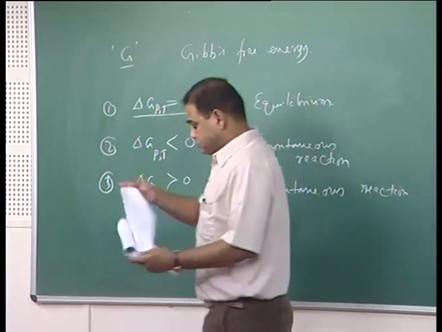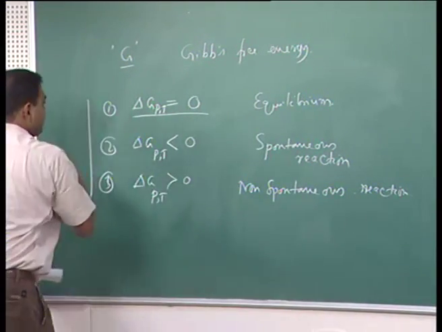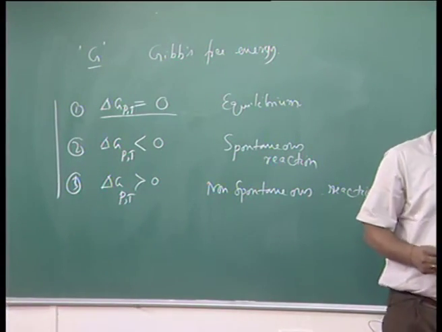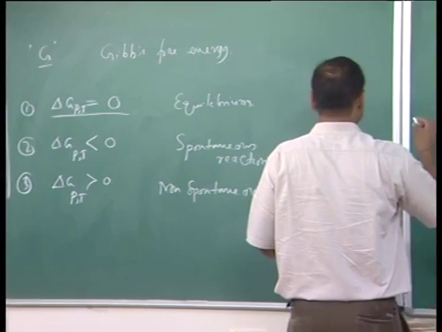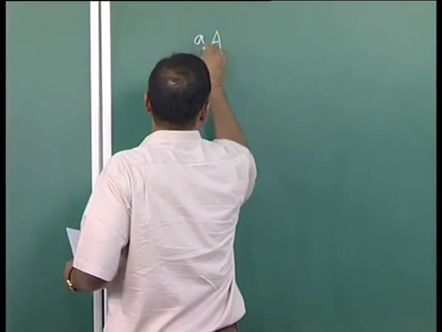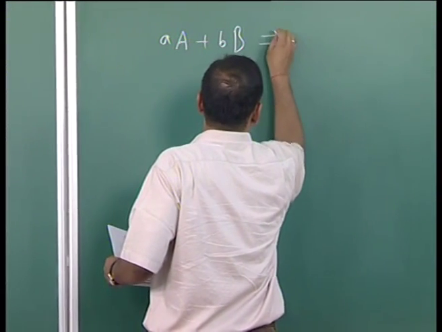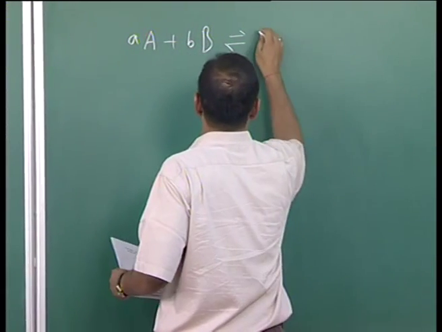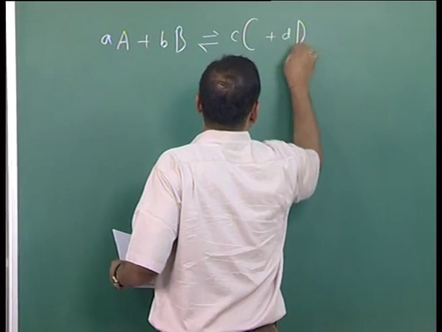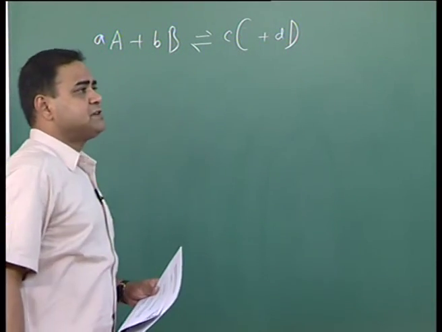Now, with this idea we will go into the equilibrium constant. Let us say we have some reaction A plus B in equilibrium, which is the equilibrium sign, with C plus D. Capital A, B, C, D are the components.